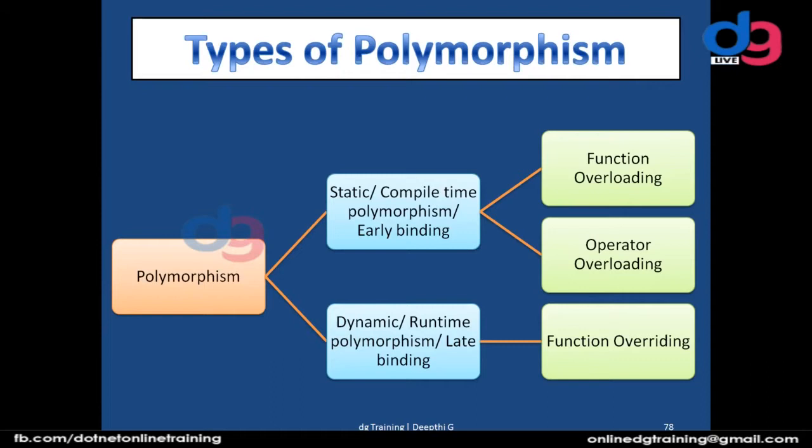These polymorphisms can be achieved programmatically with the help of function overloading, operator overloading, which we do not generally use here, and function overriding.